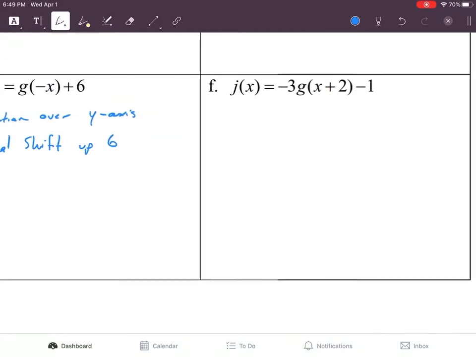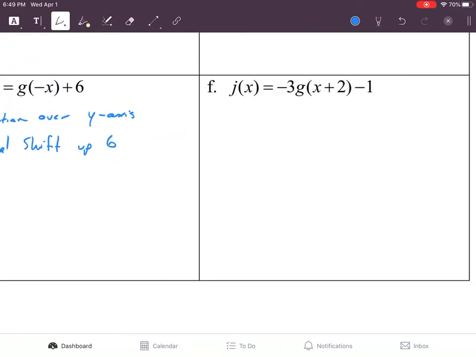Okay, and the last one, we have 4 different transformations. First is the negative. It's a reflection over the x-axis, because this one's on the outside of the function. We have a vertical stretch by 3.